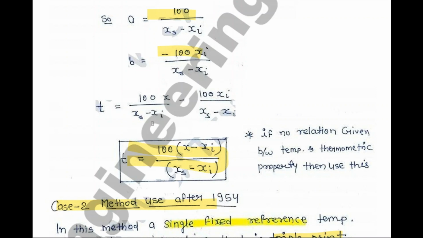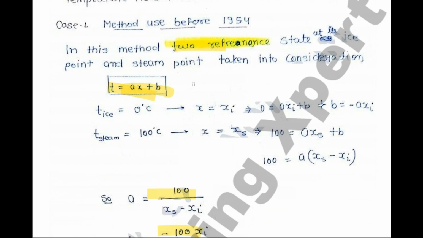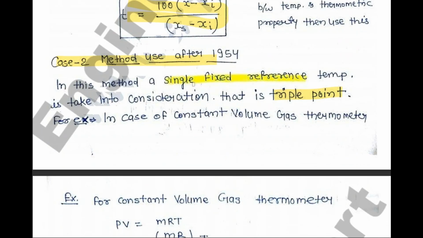So this is a derived relation between the temperature and the thermodynamic property X. You can also derive this by assuming linear behavior of temperature with the thermodynamic property.